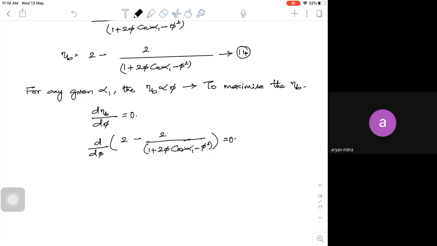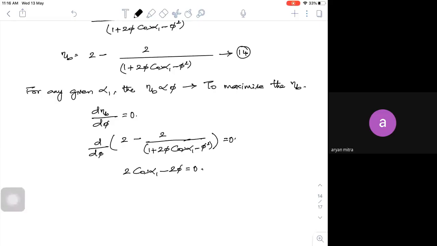Differentiating and equating to 0, I get 2 cos alpha 1 minus 2 phi is equal to 0, or cos alpha 1 is equal to phi, which is equal to u by v1.